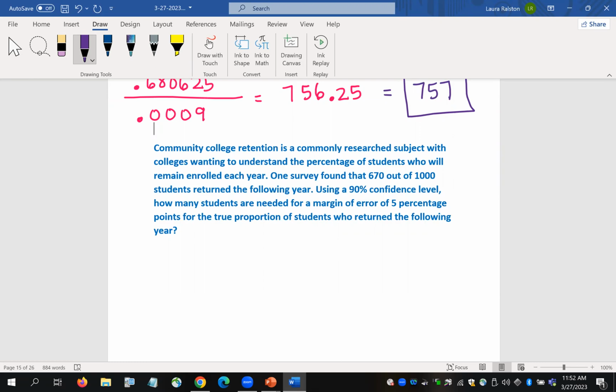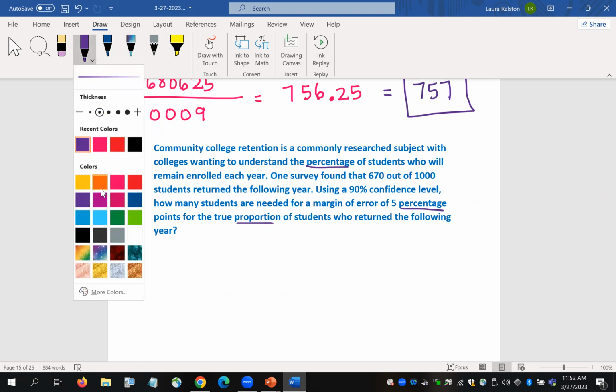Okay, again, looking at this problem, there's no mention of the mean. It does a couple of times use the word percentage or the word proportion. So that's my first clue that it's a proportion problem.